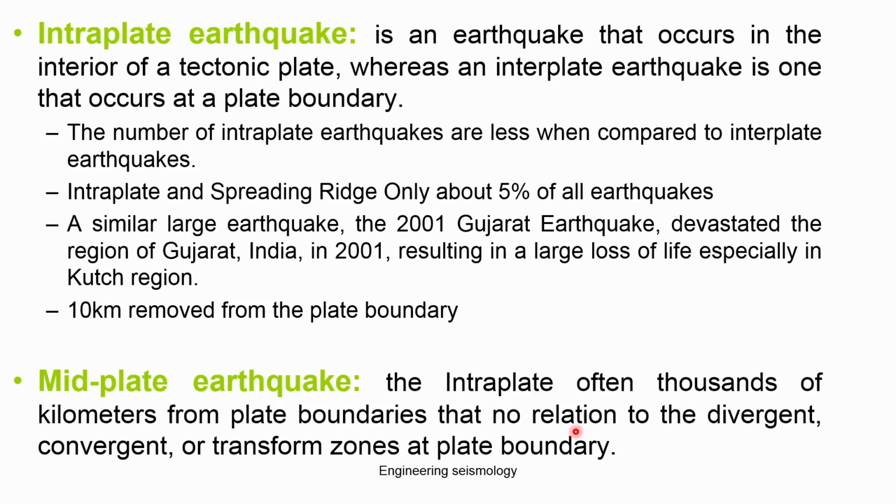Then the mid plate earthquake occurs in the middle of the plate, about 1000 km away from the plate boundaries. The intraplate earthquake is a few kilometers away from the plate boundary. Depending upon where the earthquake occurs, you can see a change in size, wave propagation and energy content. After 10 km from the plate boundary, earthquakes are called intraplate earthquakes. After 1000 km from the plate boundary, they are called mid plate earthquakes.